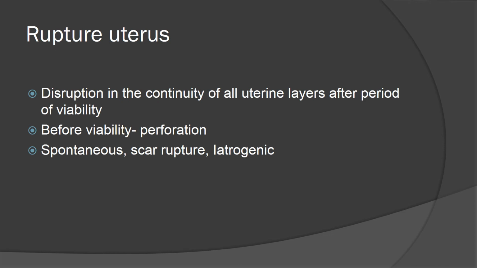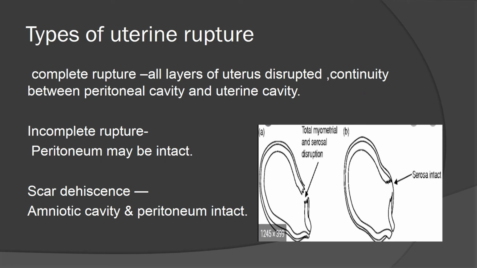It can be spontaneous, can be a rupture of the scar, or it can be iatrogenic. Depending upon the layers affected, there can be different types of uterine rupture. It is said to be a complete rupture when all the layers, the endometrium, myometrium and the serosa, are disrupted and there is a communication between the peritoneal cavity and the amniotic or uterine cavity.